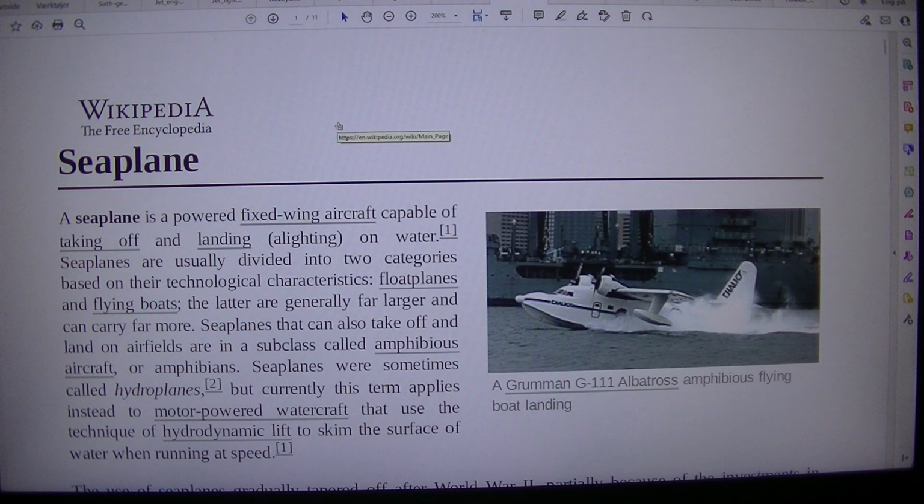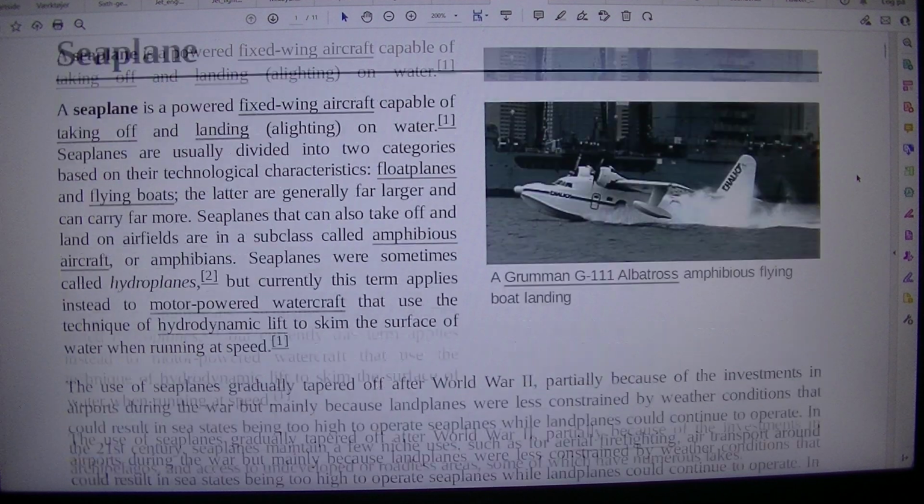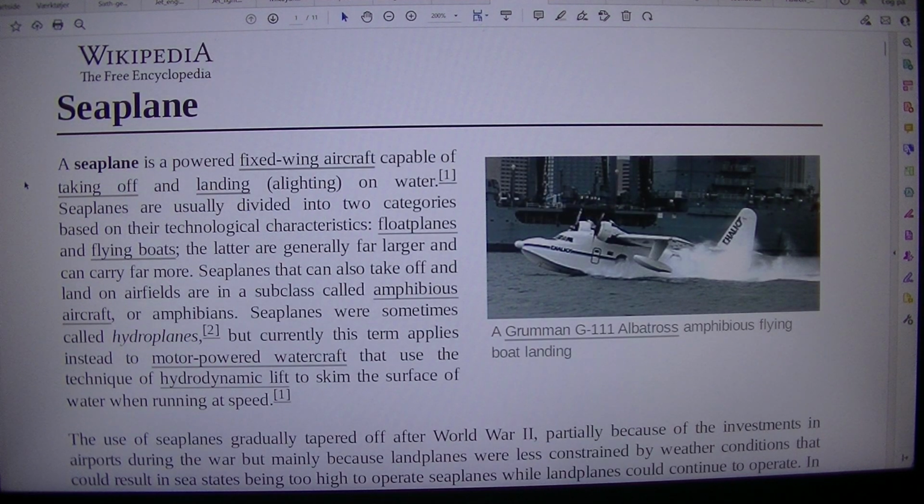Seaplane. A Grumman G-111 Albatross amphibious flying boat landing. A seaplane is a powered fixed-wing aircraft capable of taking off and landing, alighting, on water. Seaplanes are usually divided into two categories based on their technological characteristics: floatplanes and flying boats. The latter are generally far larger and can carry far more.